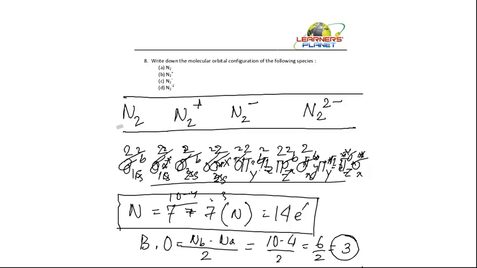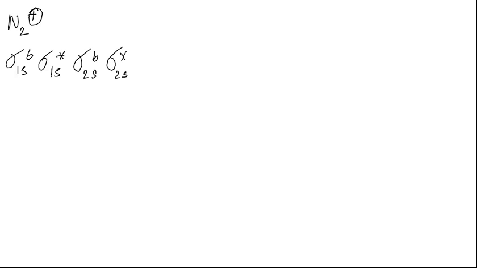Next we write down the molecular orbital configuration for N2 plus. For N2 plus, we have to write sigma 1s bonding, then sigma 1s antibonding, then sigma 2s bonding, then sigma 2s antibonding, then pi y bonding equal to pi z bonding, then sigma x bonding.